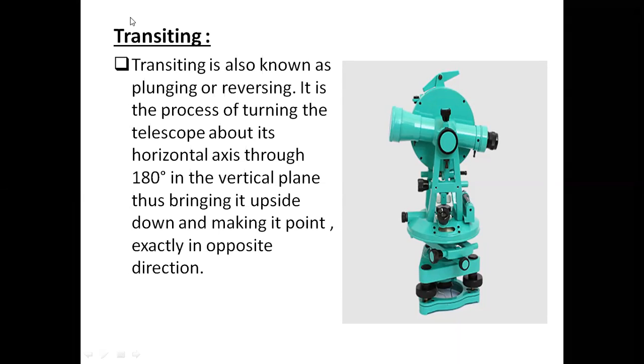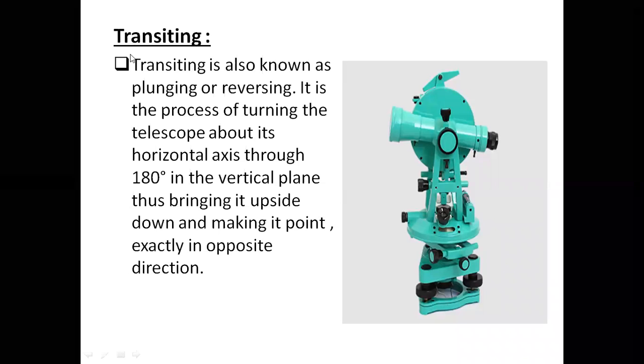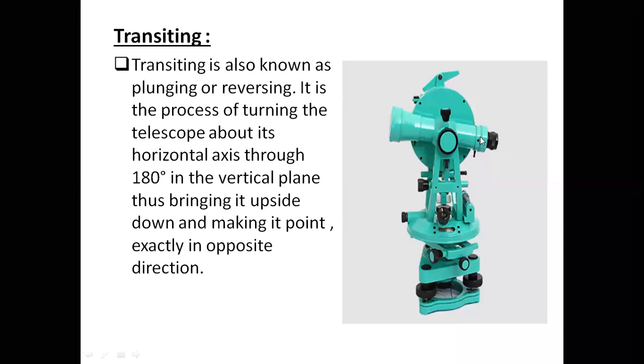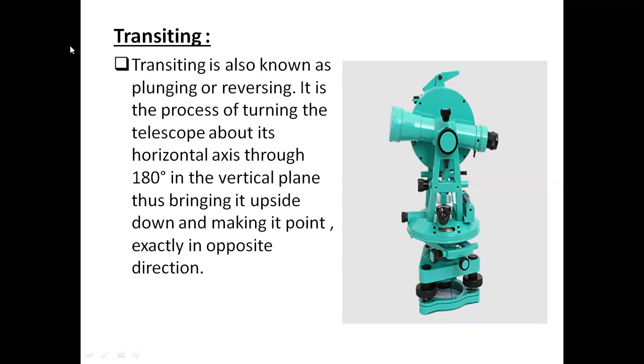First we take the measurements, and after taking one set, we transit the theodolite and take another set of measurements, and we take the average of these two sets, which will be free from errors. So for eliminating the error in the instrument, we take two sets of readings by transiting the theodolite. Then we will get the exact correct readings.